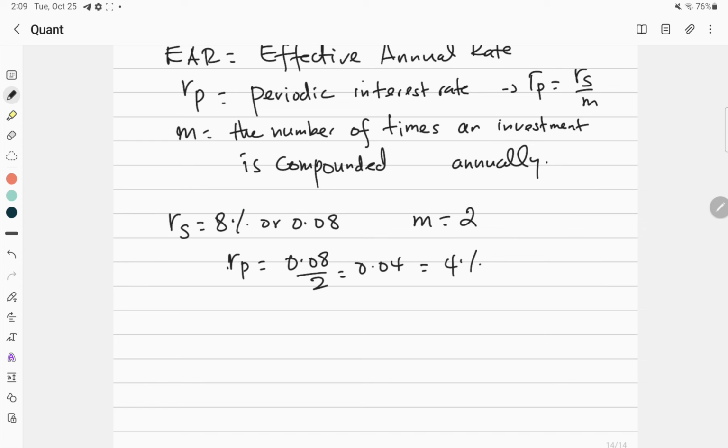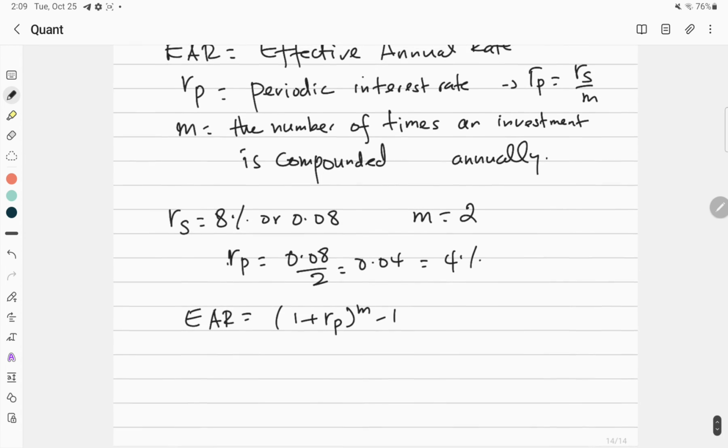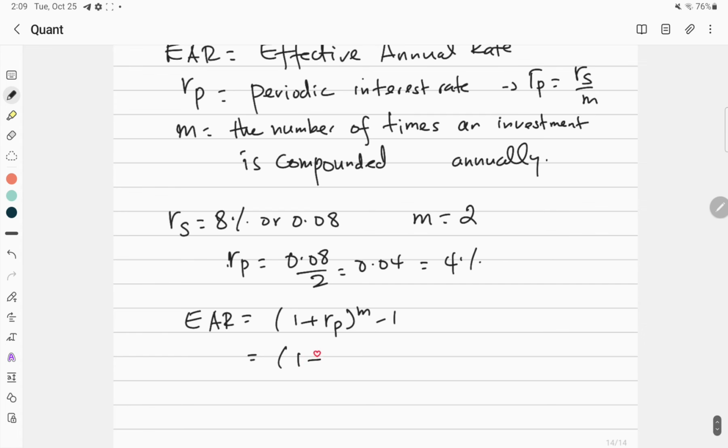So let's use this with the formula. We said EAR equals 1 plus RP raised to M minus 1. So this is 1 plus 0.08 divided by 2, raised to M semi-annually, minus 1.